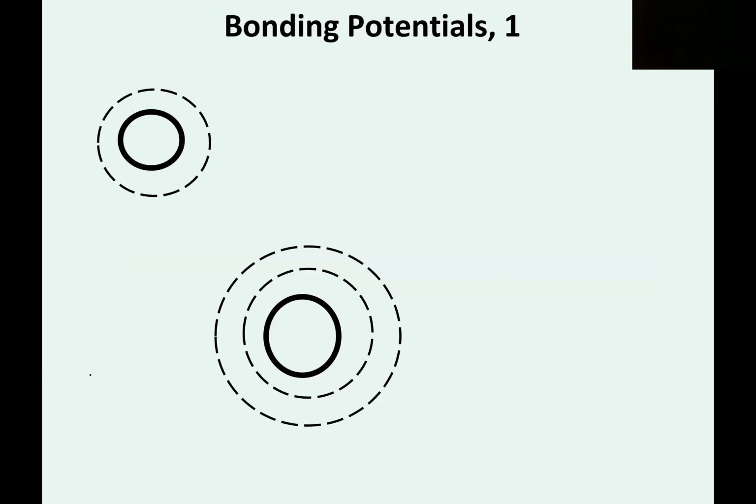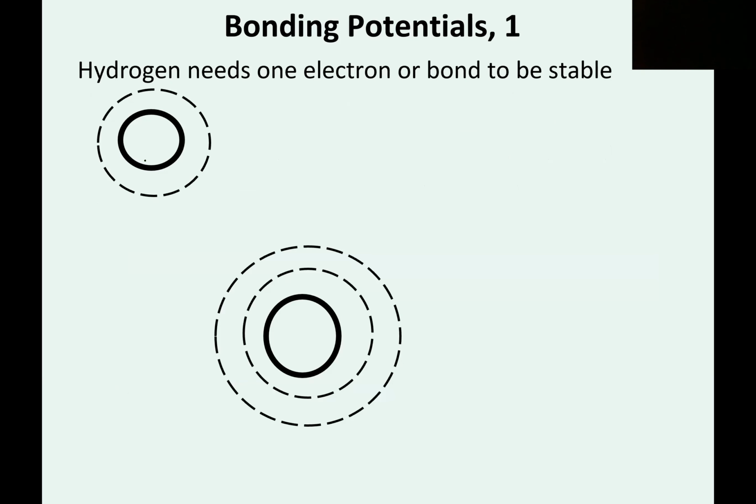Okay, so our 4 most numerous elements in the body, you're going to have to do the atomic structure and potential structural formula for each of the 4 most numerous elements in the body. So you've got 4 spaces. The first one needs to have hydrogen.